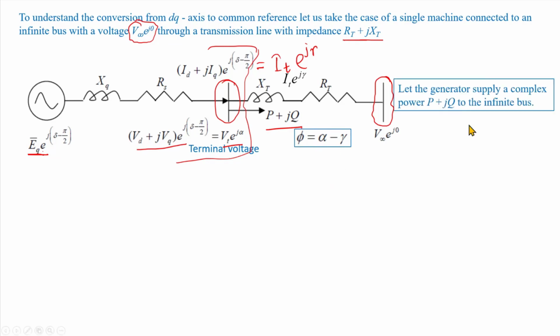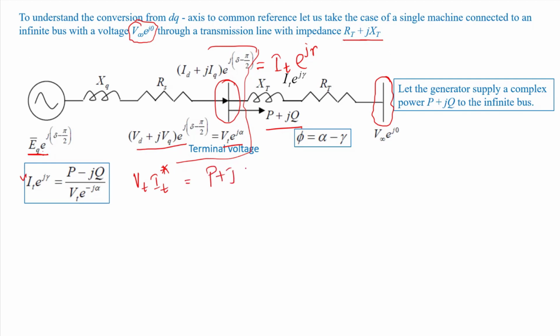Now let the generator supply a complex power, that is P plus jQ, to the infinite bus. Then I can write the current expression in terms of power. I can find the current in terms of power, that is P minus jQ by Vt to the power minus j alpha, because I know that Vt IT star is equal to P plus jQ.